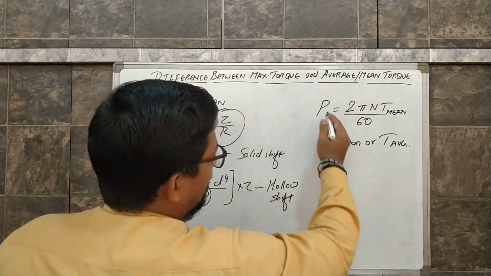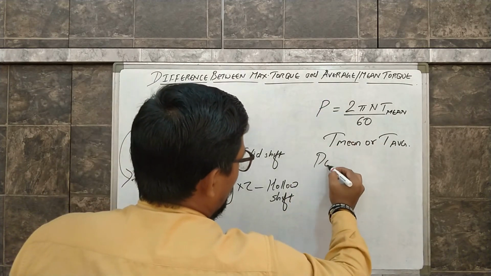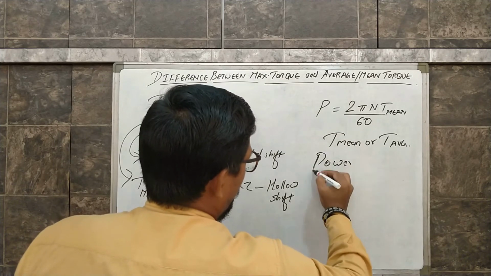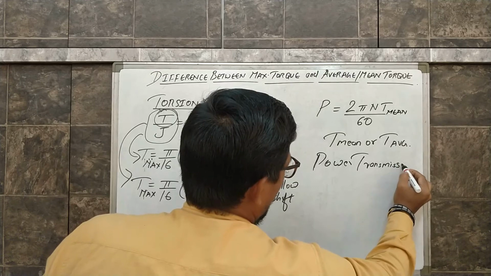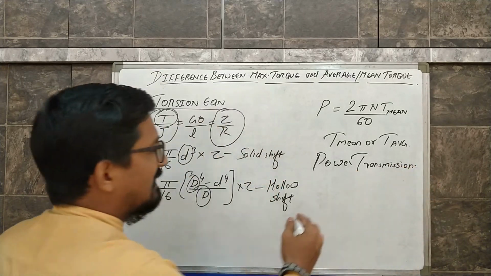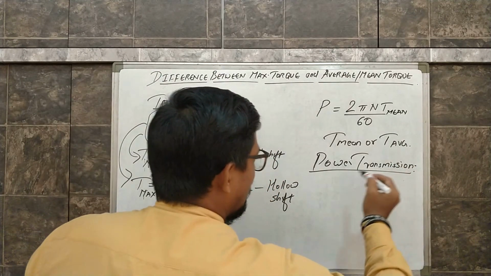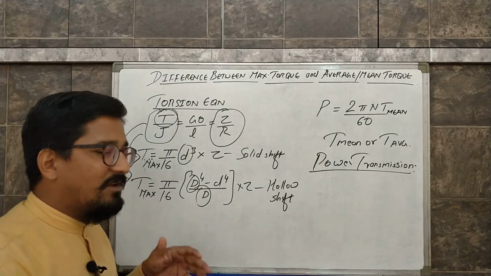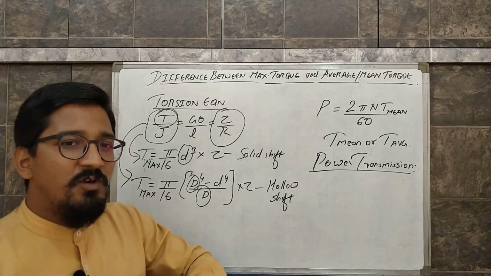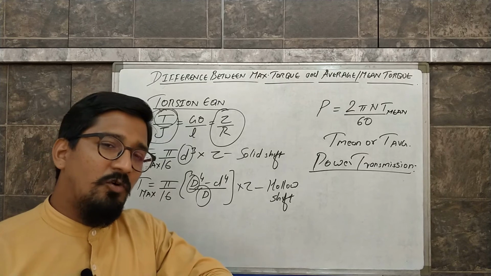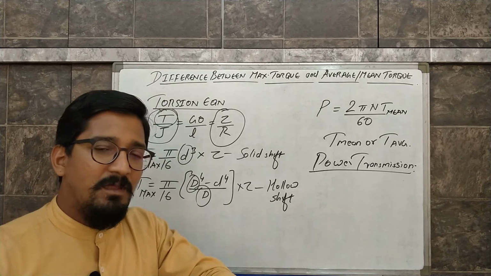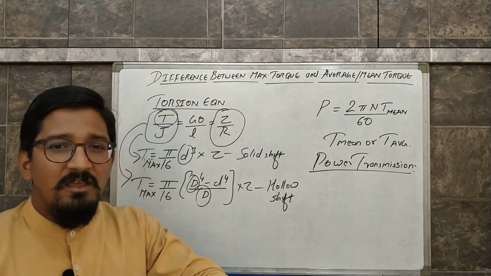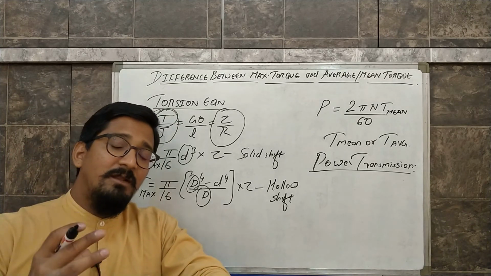whereas this T mean is in the case of power transmission. As we all know, in power transmission we always take the average value. For example, you might be having a fan at your home, so the rated RPM for that fan will be 1500 RPM, but that fan will not rotate at exactly 1500 RPM.